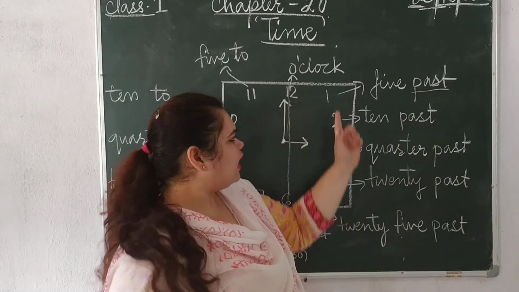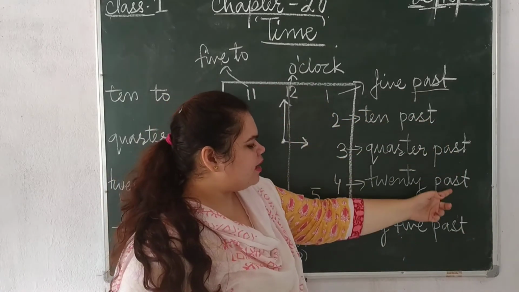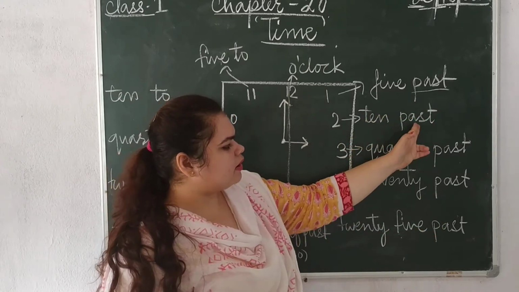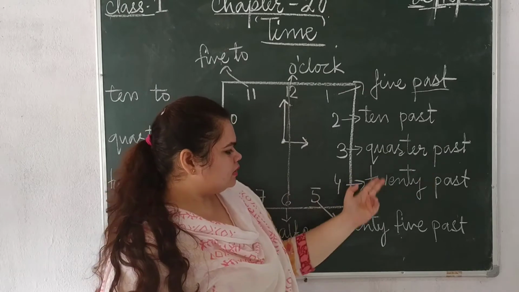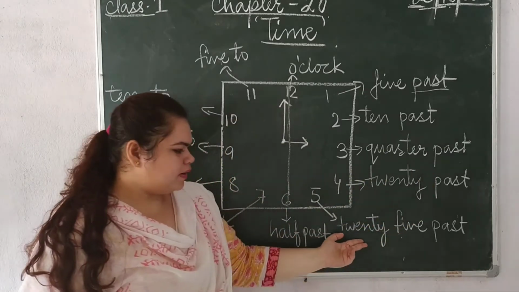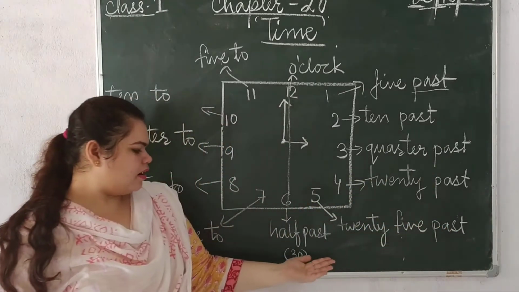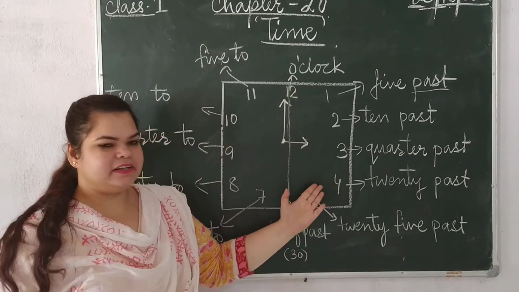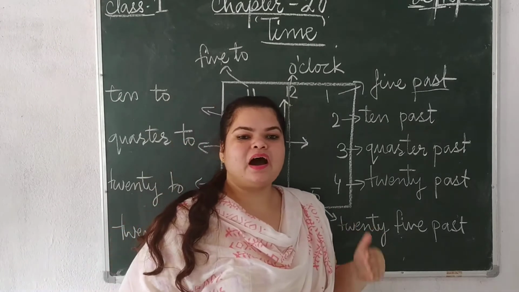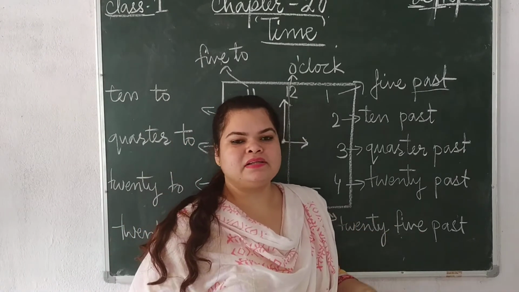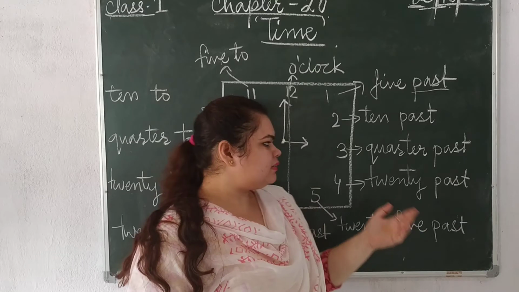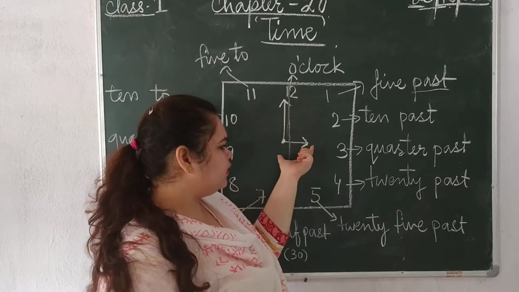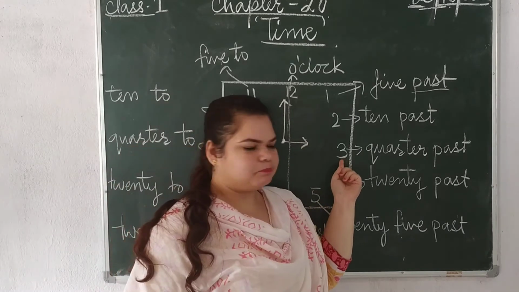If you notice, I have written past with every number here. 5 past, 10 past, quarter past, 20 past, 25 past and half past. So the right side denotes how many minutes have passed since the hour. The small hand shows us the hour.